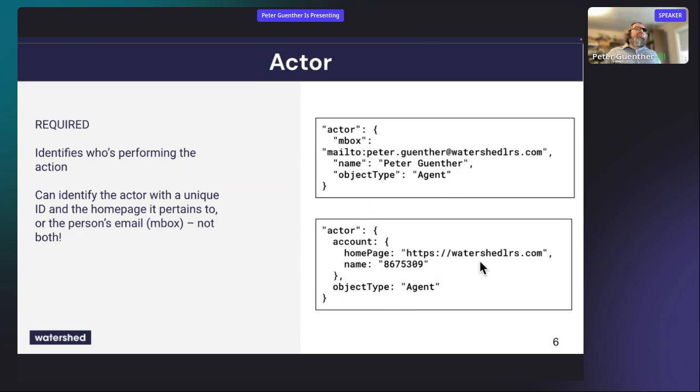The other way to identify an actor, and I left the spelled out name here. I could have this name Peter Guenther down here as well, is with an account. And so the account consists of some kind of ID. It might again be an email, but it's the email that somebody uses to log into a specific system. This is just a made up one, but often it can be an ID as well.